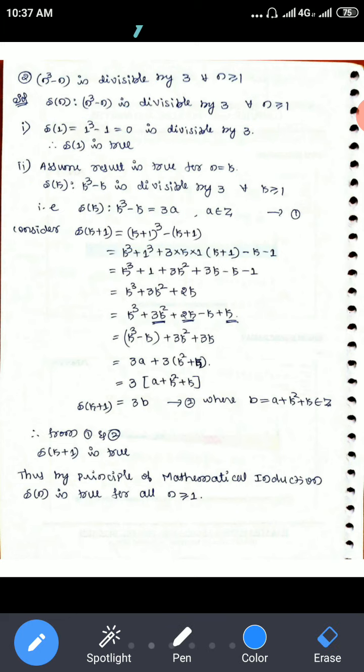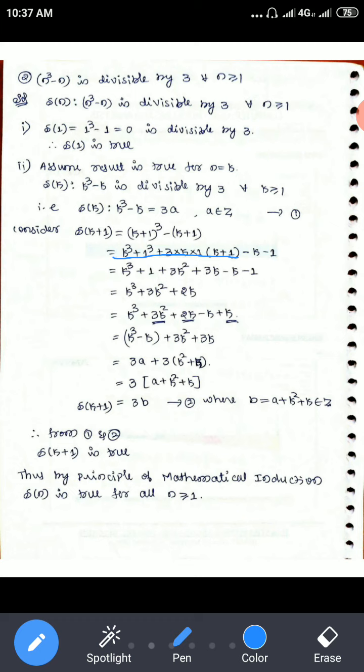So we know that (k plus 1) cube, that is (a plus b) whole cube, can be written as a cube plus b cube plus 3ab into (a plus b). So I am writing a cube plus b cube plus 3ab(a plus b), minus k minus 1.